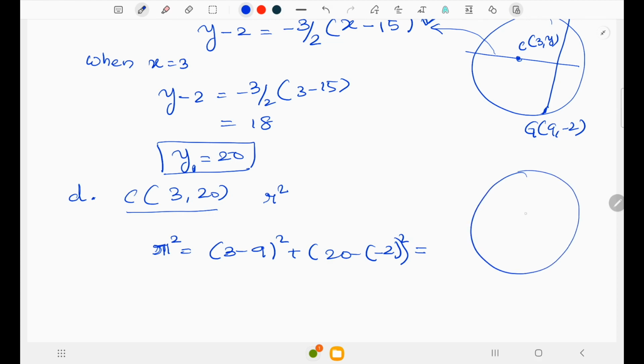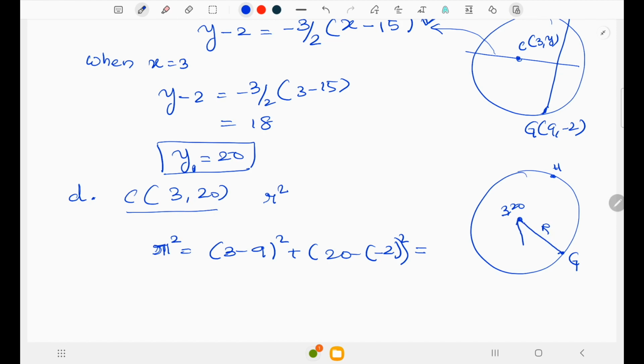I draw once again, we know the C is 3 comma 20. And any point on the circumference, we know 2 points, we know H also, we know G also. Let us take G as 1 point. Now I need to know the radius. How to find the radius r?